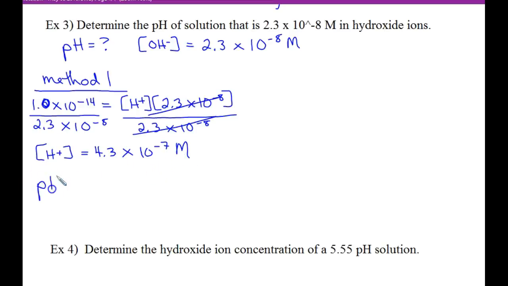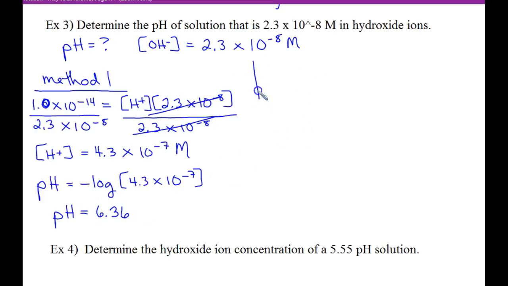And then pH is simply the negative log of that number. And before we round our answer, since there are 2 sig figs in this concentration, there should be 2 decimal places on our answer. So our answer is 6.36.